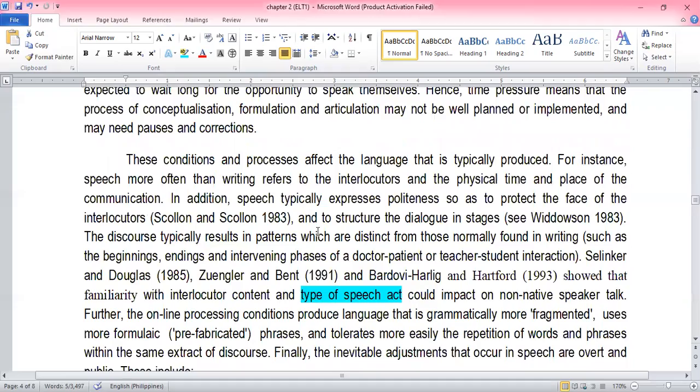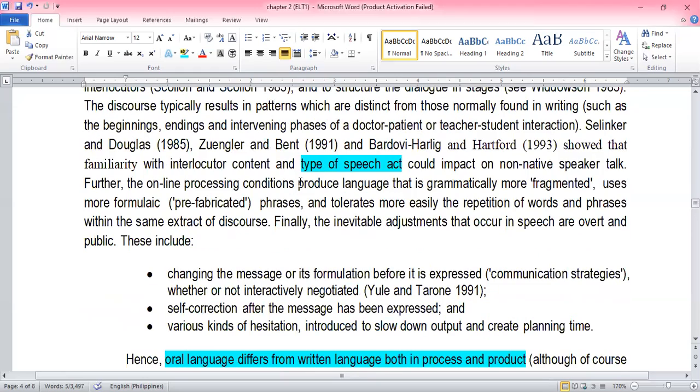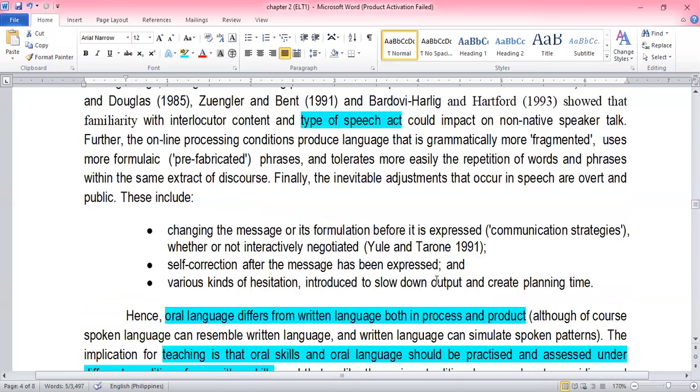So, ano pa ba? Wala na yung types of speech acts. Ito, the inevitable adjustments that occur in speech are overt and public. So, what does it mean? It includes changing of message or its formulation before it is expressed, whether or not interactively negotiated, or self correction after the message has been expressed, and various kinds of hesitation introduced to slow down output and create planning time.